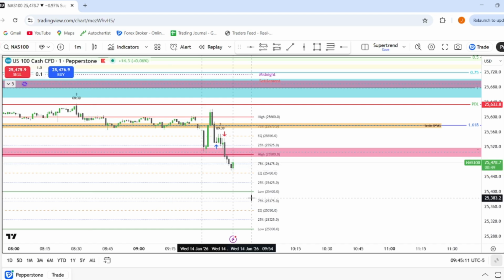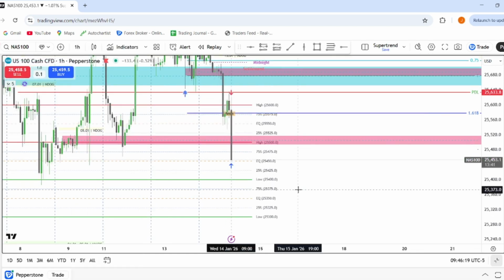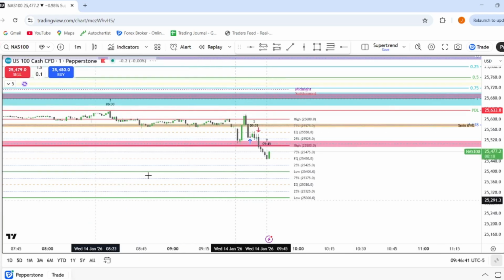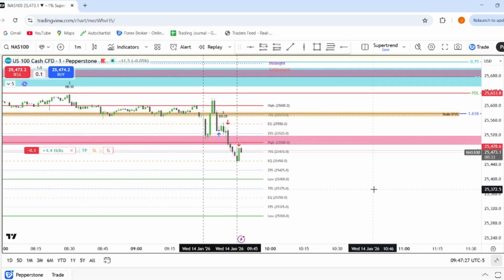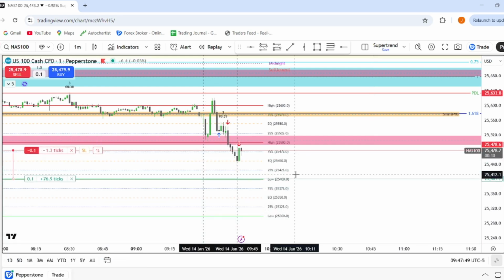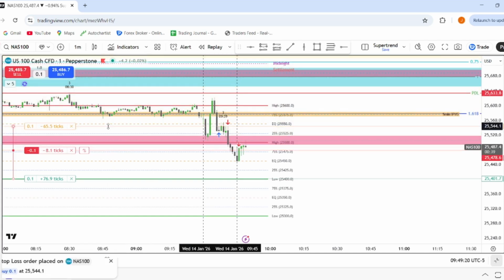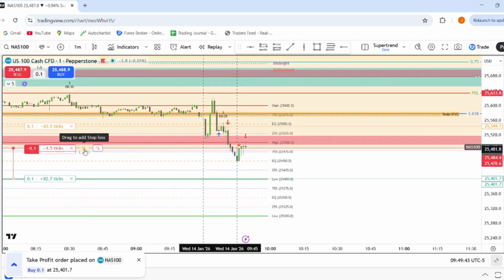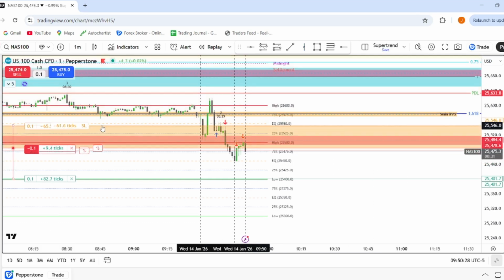Again, I am looking at price reversing to the upside, but then I think actually no, and so I actually enter here for a short position. I think that's the pullback, and we can actually just take that and ride it down to the range low, which would be 100 points or so. I've put on the stop loss.